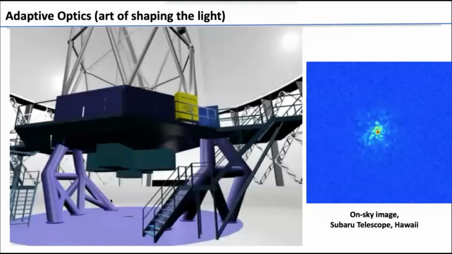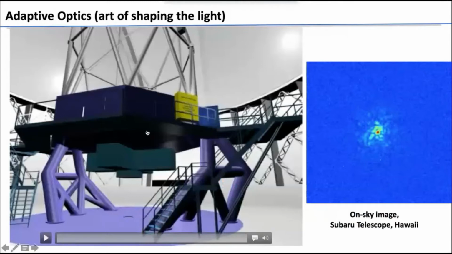So how do you do that? I'm just going to show you this video by the Gemini telescope, an 8-meter class telescope on the island of Hawaii, of how you undo the effect of the atmosphere.